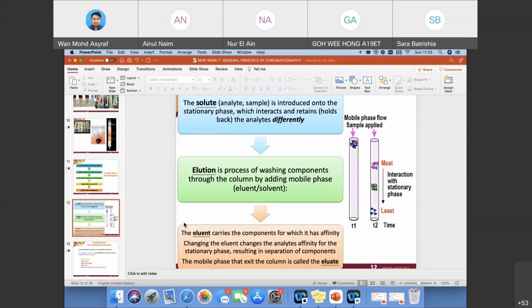When you understand the concept, you are free to explain it however you can, with whatever kind of explanation. But it is important for you to have the keywords: interaction with the stationary phase, the mobile phase, and then the partition and distribution keywords.